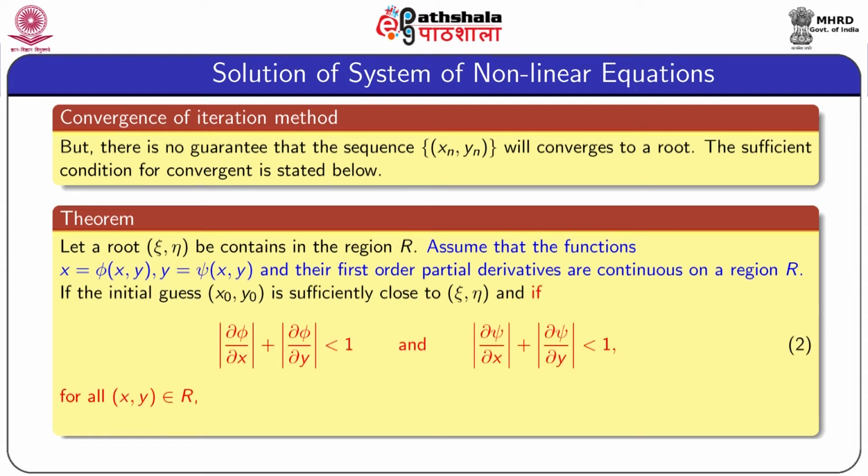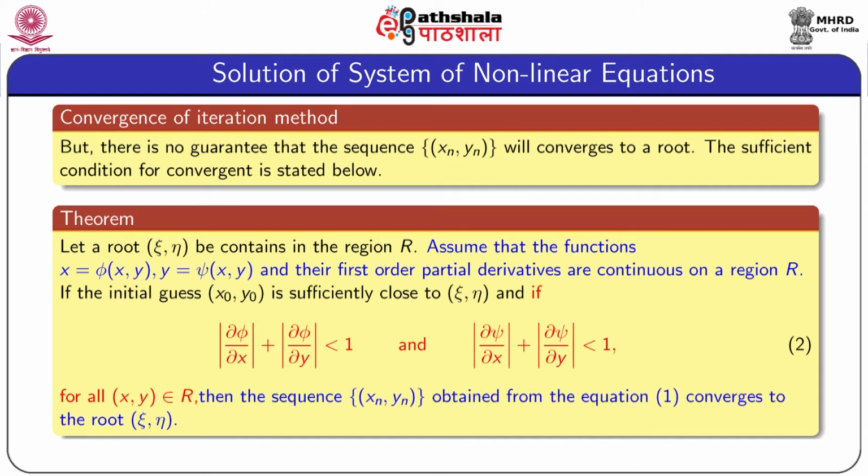If the absolute value of the partial derivative of phi with respect to x plus the absolute value of the partial derivative of phi with respect to y is less than 1, and the absolute value of the partial derivative of psi with respect to x plus the absolute value of the partial derivative of psi with respect to y is less than 1 for all values of x, y within the region R, then the iteration scheme (xn, yn) obtained from equation 1 converges to the exact root (xi, eta).